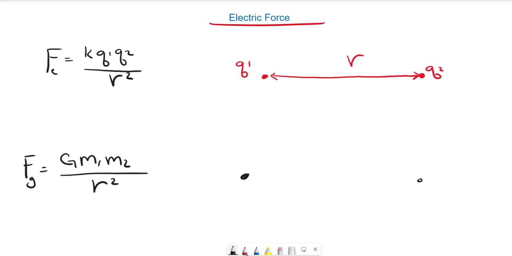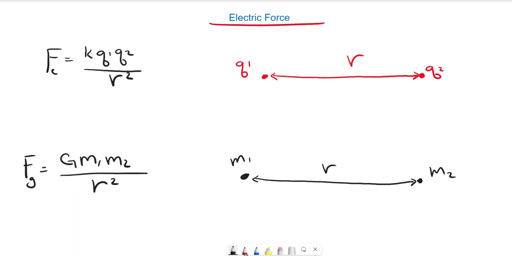So it would look something like this, m1, m2, and the distance between them. These equations look pretty similar, except instead of charges, we have masses. The distance is always the distance between either the charges or the masses. And then we have a constant associated with that force. For the electric force, we have Coulomb's constant, and for the gravitational force, we have the gravitational constant.